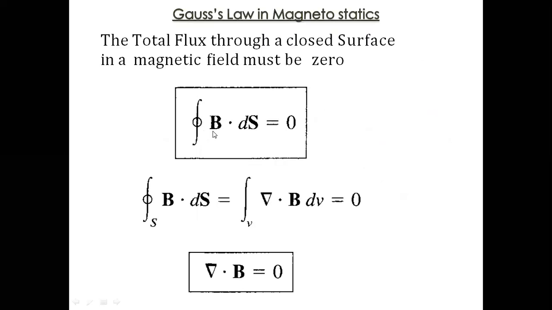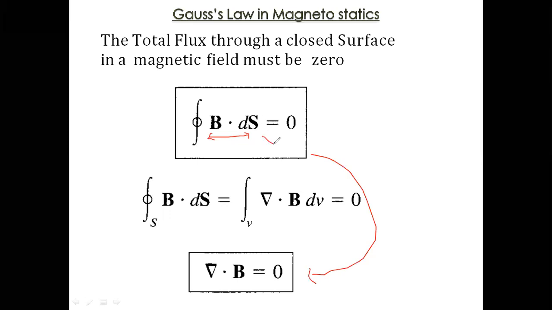See, B dot ds over this is 0. Or if you apply the Gauss divergence theorem here, what can you write? Del dot B equal to zero. Yes, here del dot B is equal to 0.